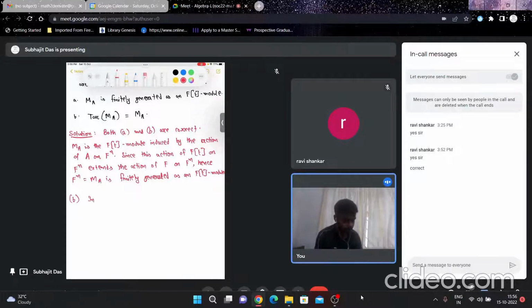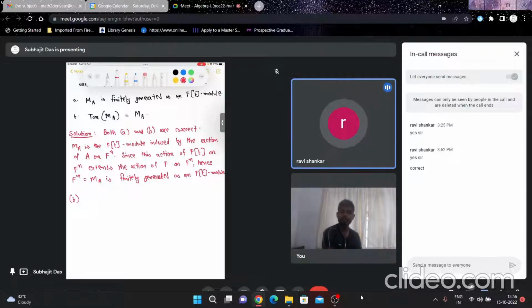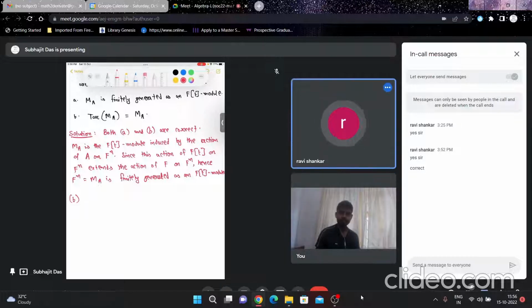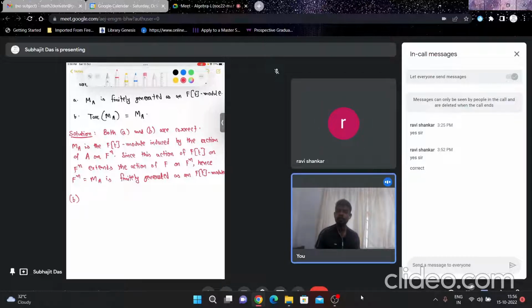Let me ask you, suppose you take, I'll write it, but let me just ask you: torsion part of MA is equal to MA. This is what we want to show, right? If you take any element of MA, it will be annihilated by some non-zero scalar from F.